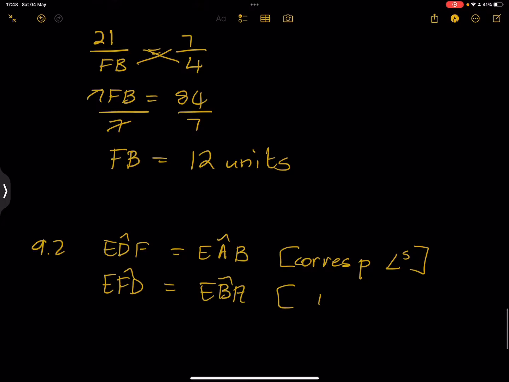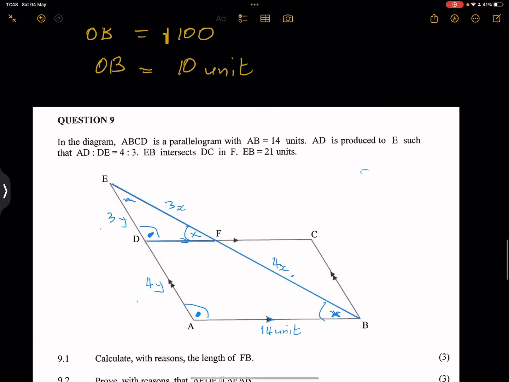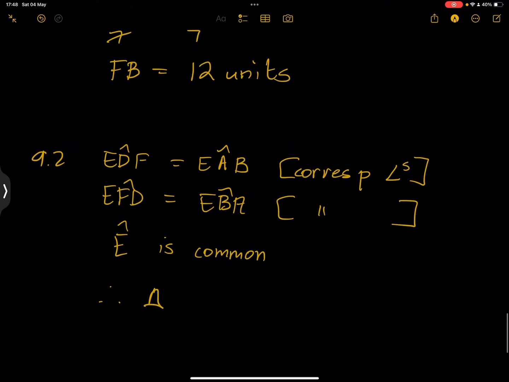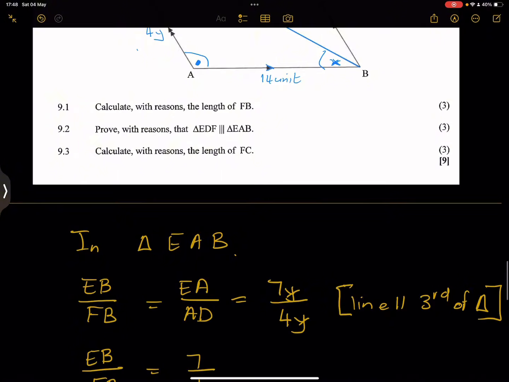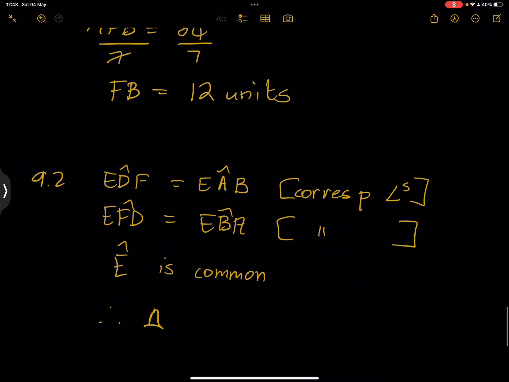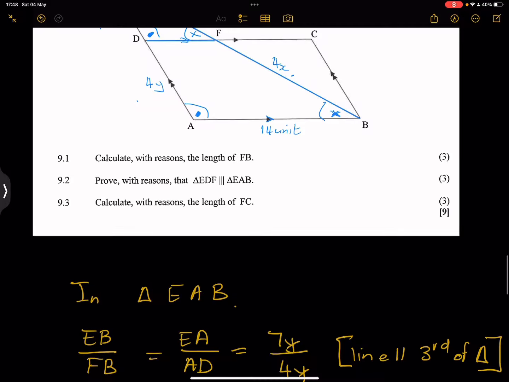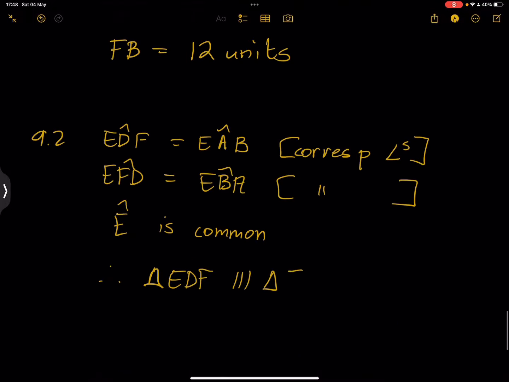Again, those are corresponding angles. And finally, we said angle E is common between the two triangles. So therefore, triangle EDF is similar to triangle EAB, right? And why is that? Because of angle, angle, angle, right?